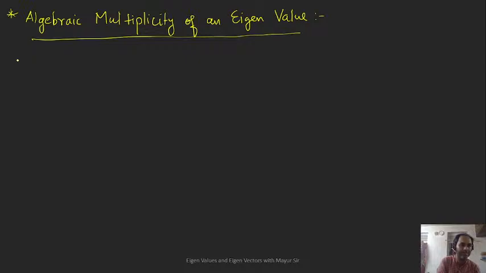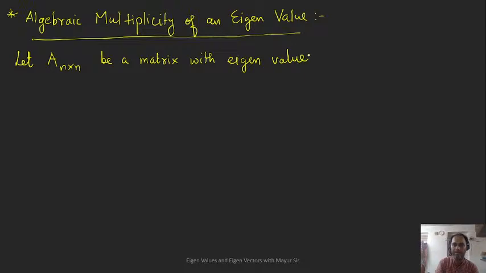So we say here, let A, an n cross n matrix, with eigenvalues lambda 1, lambda 2, up to lambda n.